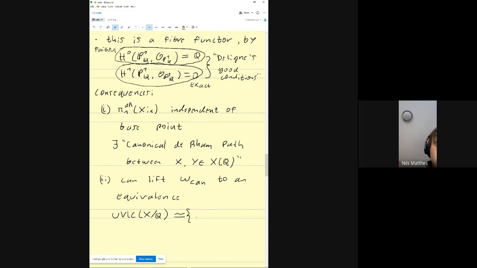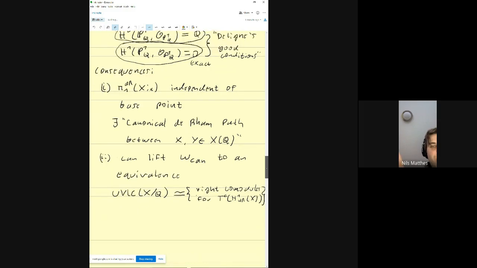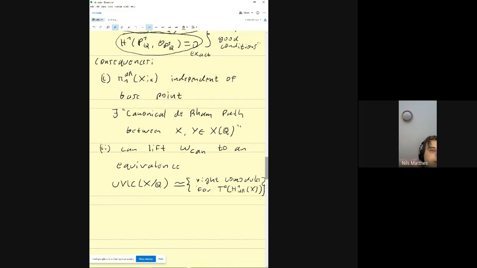More precisely, this is going to be the category of right comodules for a certain kind of coalgebra, namely the tensor coalgebra on H1 de Rham of X, so the algebraic de Rham cohomology of X. So somehow this is telling you that a connection on a unipotent vector bundle is encoded by a comodule structure for this coalgebra here.